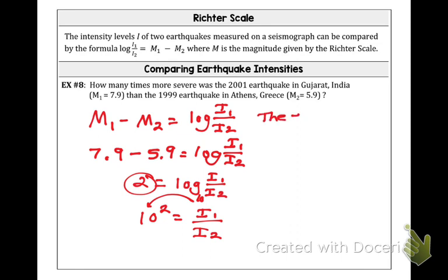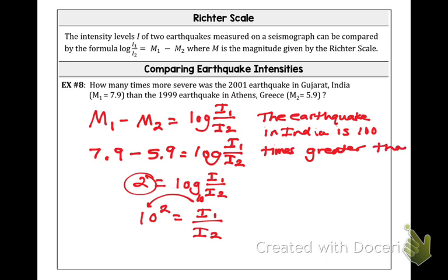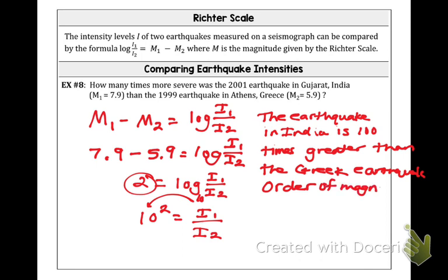So the earthquake in India is 100 times greater than the Greek earthquake, which has an order of magnitude of 2.